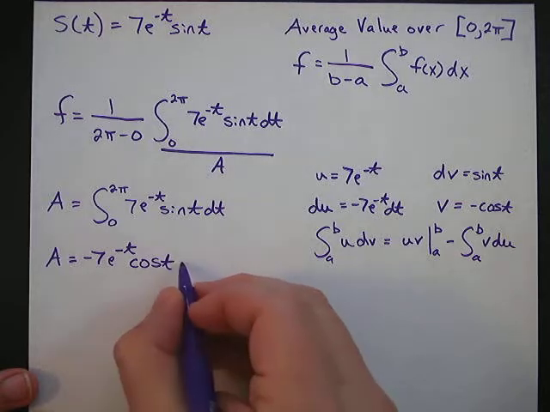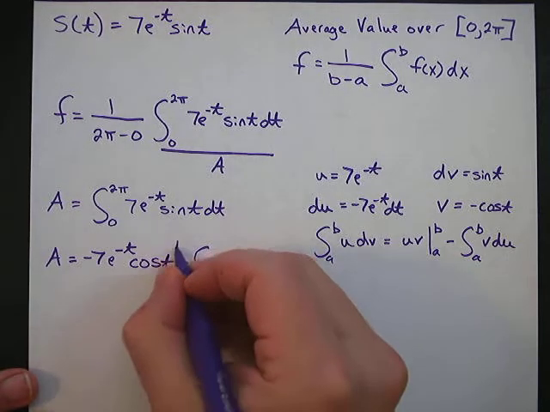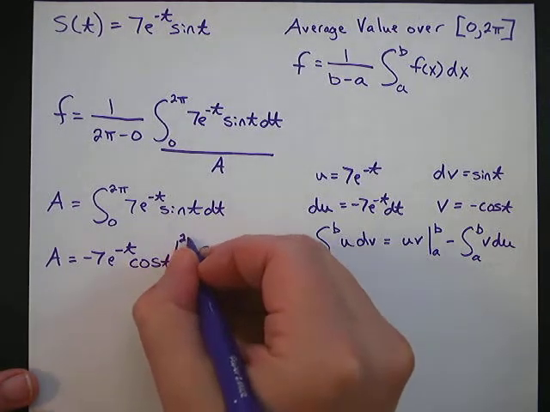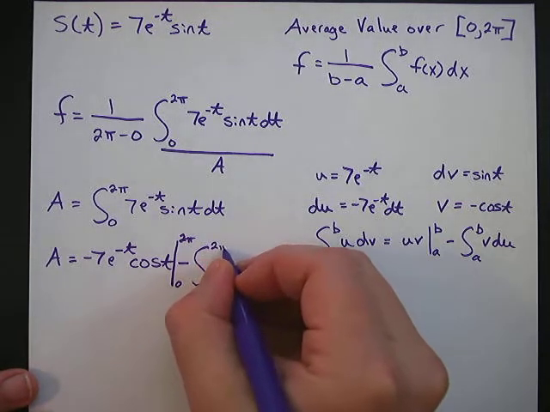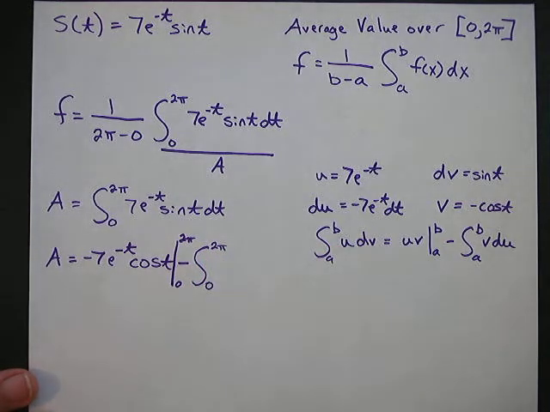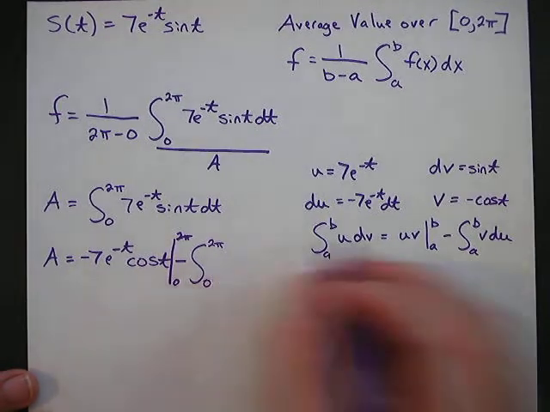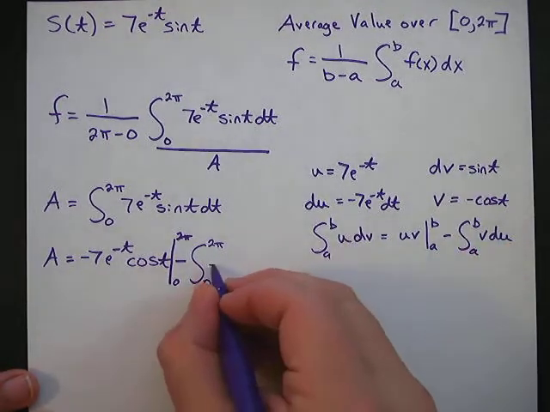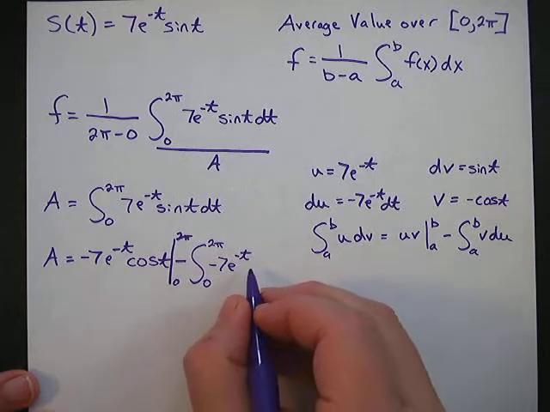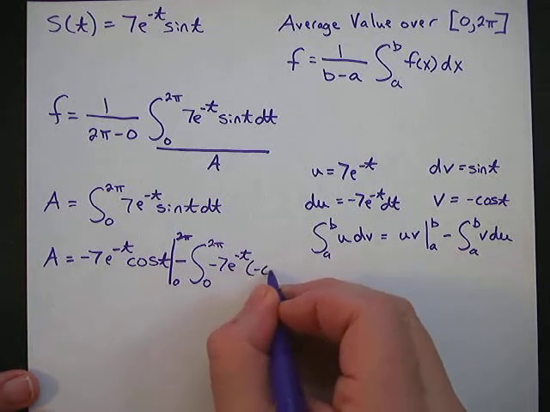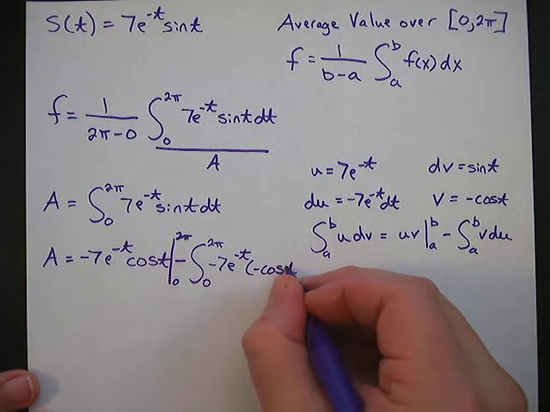And then minus the integral, and let's not forget we are integrating from 0 to 2 pi, and also 0 to 2 pi here on this integral of v du. Both of those are negative, so negative 7e to the negative t times a negative cosine t dt.